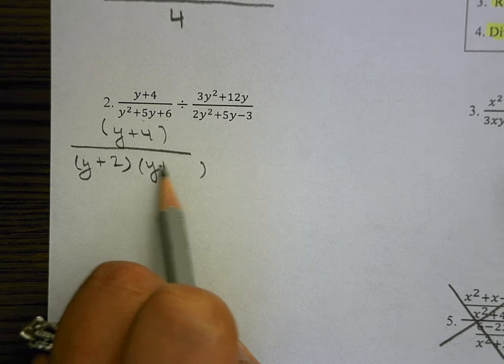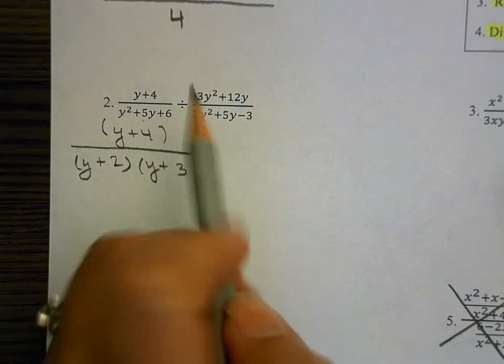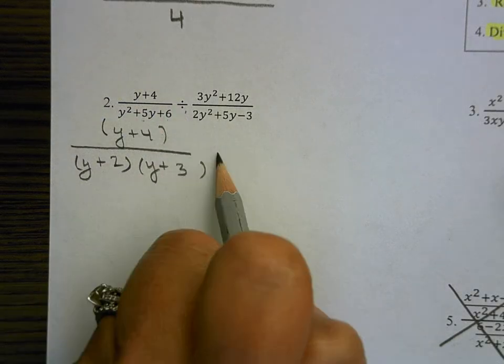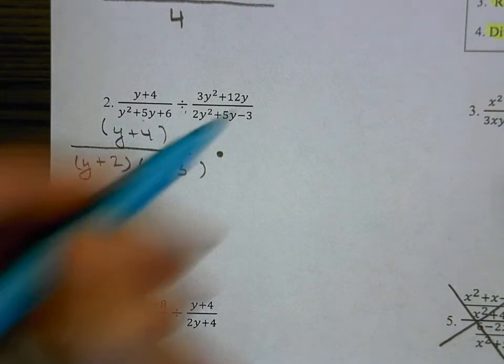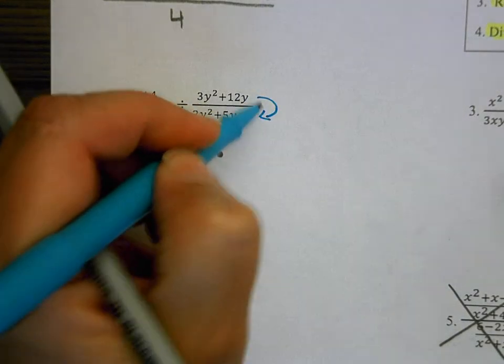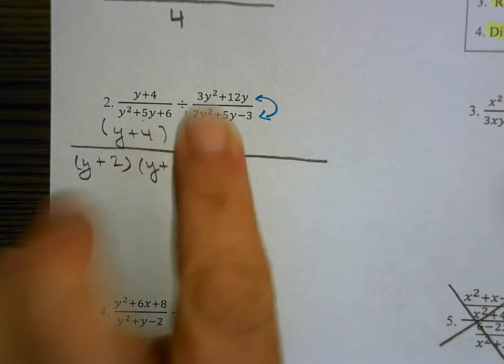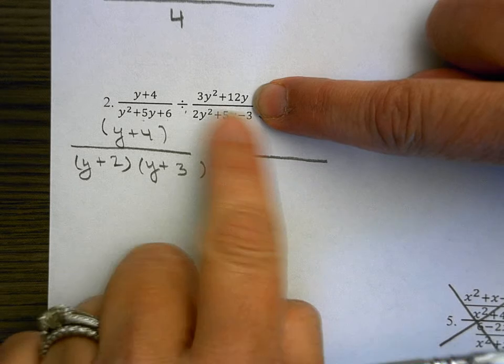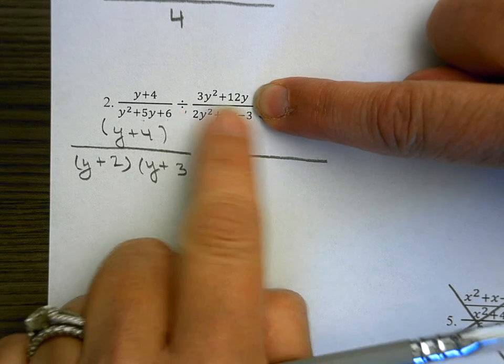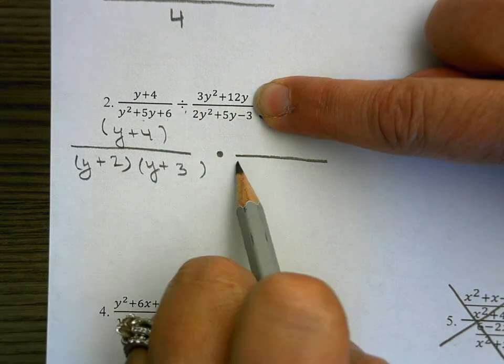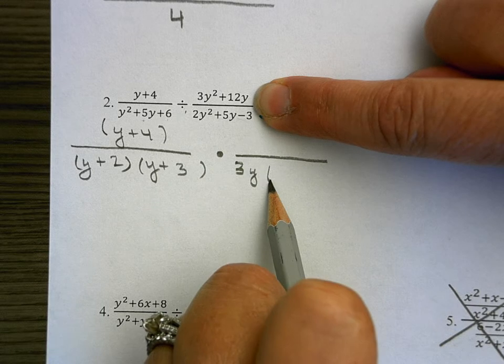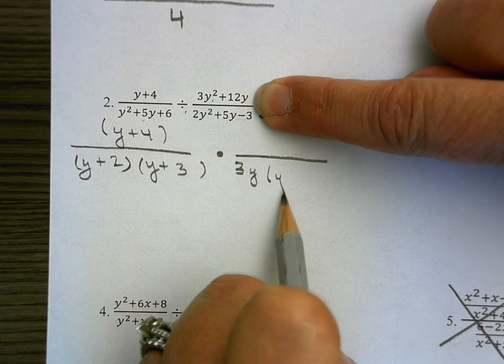So 2 and 3. And then again, we're going to switch that division to multiplication. And we can do that only if we do the reciprocal of the second, right? So this is now going to become the denominator. So this is GCF, so I can factor a 3y out of both. That would leave a y behind and a plus 4.